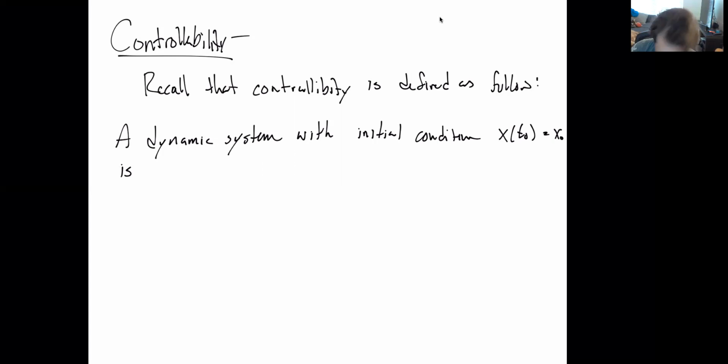This system is said to be controllable to a state.